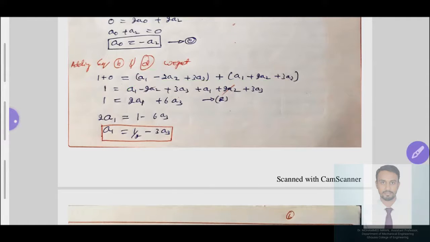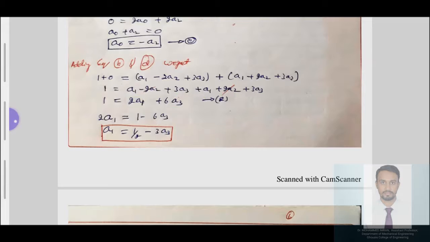Then we have 1 is equal to this value; minus 2a2 plus 2a2 will get cancelled, and these 3 unknown characteristic equations become 2 unknown characteristics. After adding, a1 plus a1 is equal to 2a1.